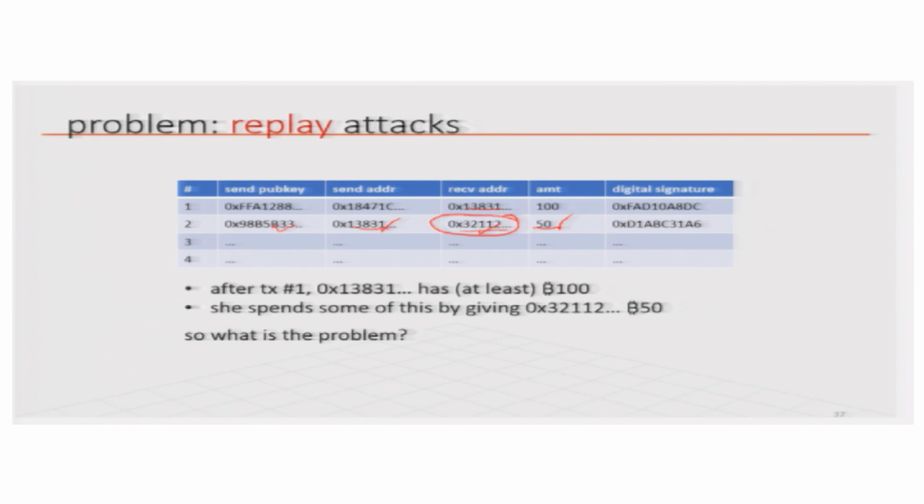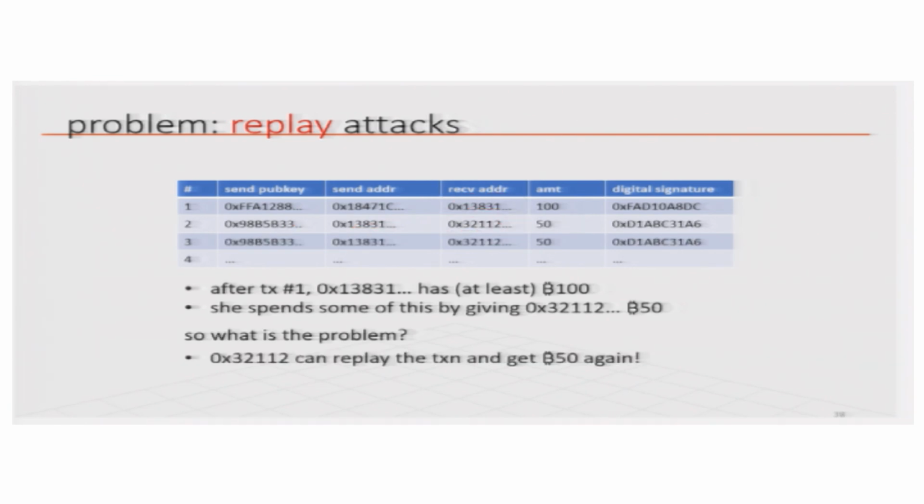So, there is no message integrity problem. Now, if others believe that this is another 50 coin transaction, then at the end this address will have 0, although she intended to spend only 50. That is somebody replaying an old transaction again.